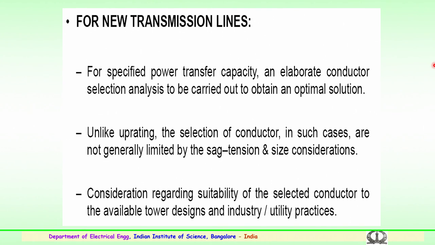So, when going in for new transmission lines for a specified power transfer capability, an elaborate conductor selection analysis is to be carried out to obtain an optimal solution. Unlike the upgrading or uprating of conductors, the selection of conductor in such cases is not generally limited by sag and tension considerations.